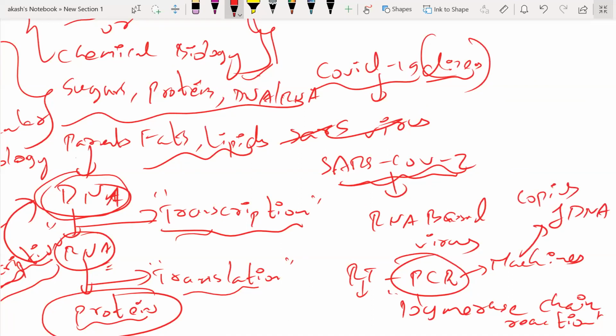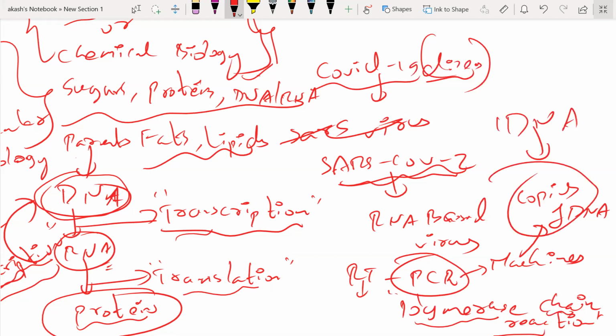Say, for example, I will give one DNA, and it will make it into 1,000 DNAs. That's what PCR does. Chain reaction means through a chain reaction, one DNA is converted into so many copies of this particular DNA. And please understand, PCR can do only with DNA. It cannot work with RNA.